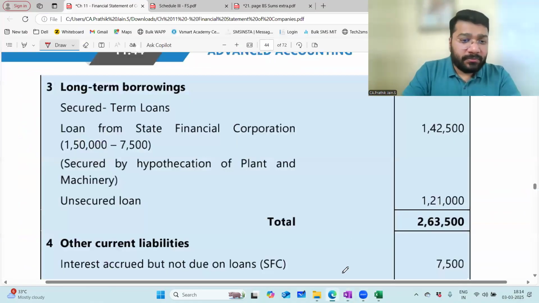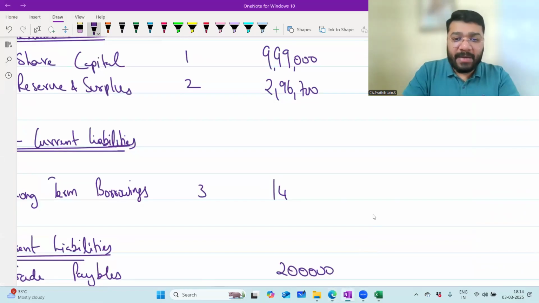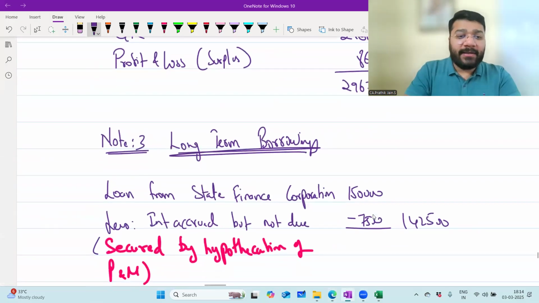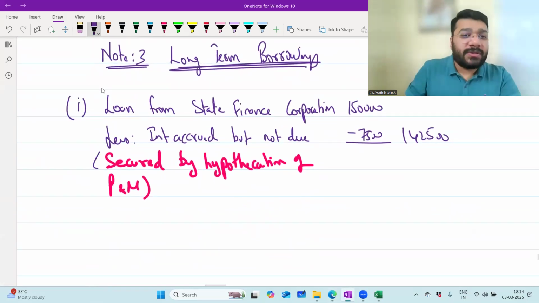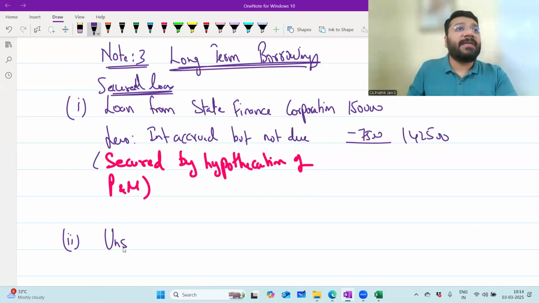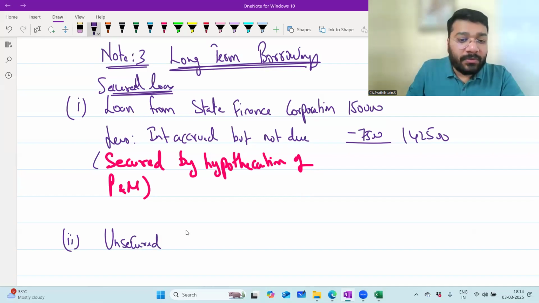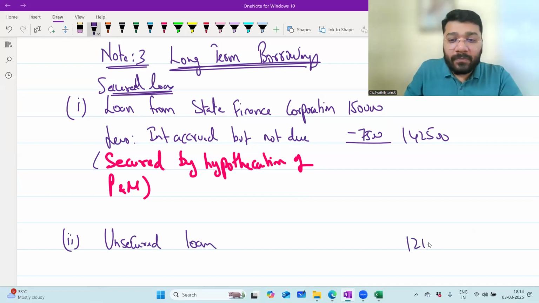Is there any unsecured loans? Sorry, it's there. My mistake. Then write this as 1. These are secured loans. Then we have 2, unsecured loan. Since there is no breakup of the unsecured loan, you can write in the outer column the amount against this unsecured loan word: 1,21,000.